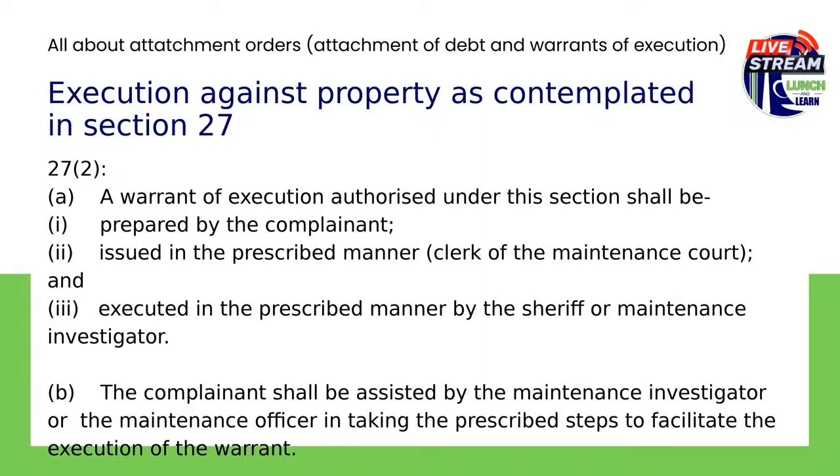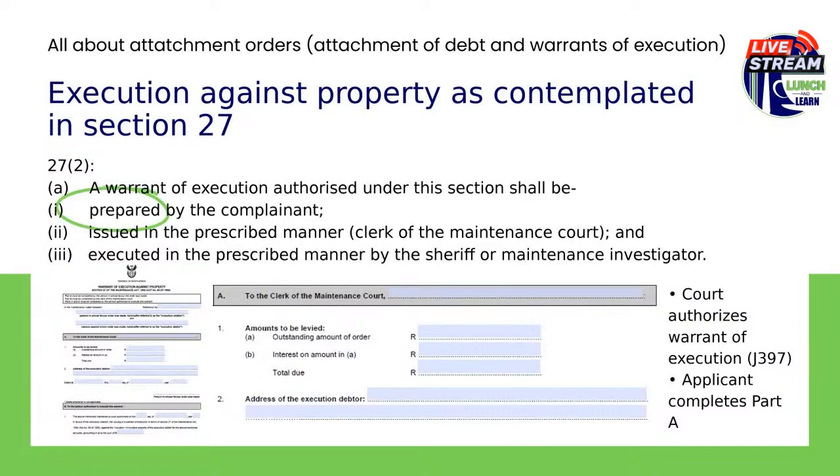And then section 27(2)(b) says that the complainant shall be assisted by the maintenance investigator or the maintenance officer in taking the necessary prescribed steps in order to give effect to the warrant of execution. So if we unpack section 27(2), it clearly says that the warrant of execution, after it has been authorized by court, needs to be prepared by the complainant.